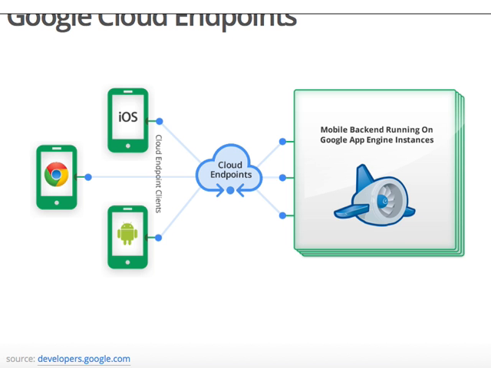So this is how we envision users of Google Cloud Endpoints. You have your backend running on Google App Engine. It does not mean that all your functionality must be in Google App Engine. For example, if you are doing some heavy data crunching or you need some serious storage, you can use Google Storage, or Google Compute Engine, or Google Cloud SQL.